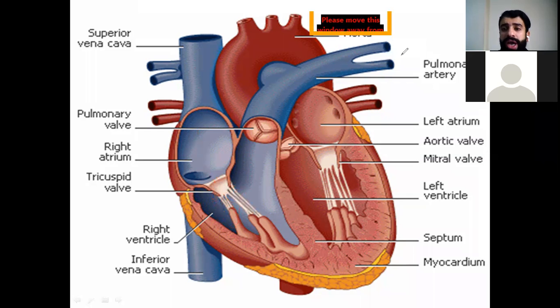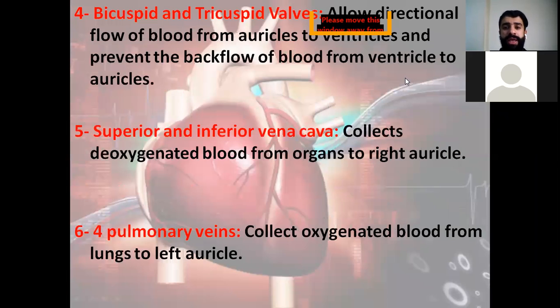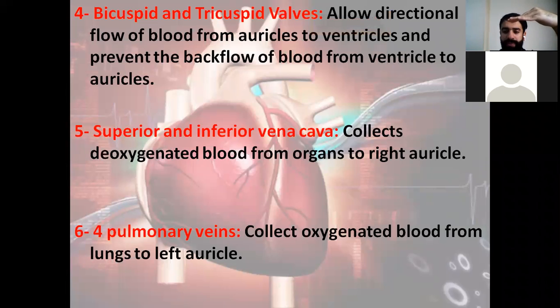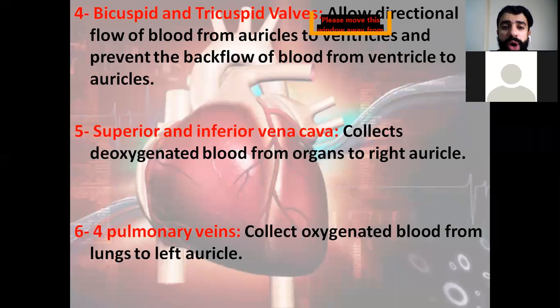It allows the unidirectional flow, the movement in one direction of blood from the auricles down to the ventricles, and prevents the blood from going from the ventricles toward the auricles. These are very important. You have to study these notes.